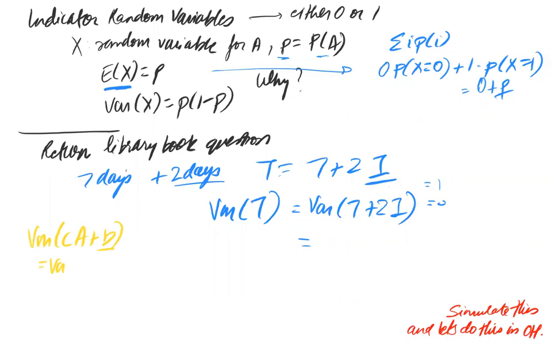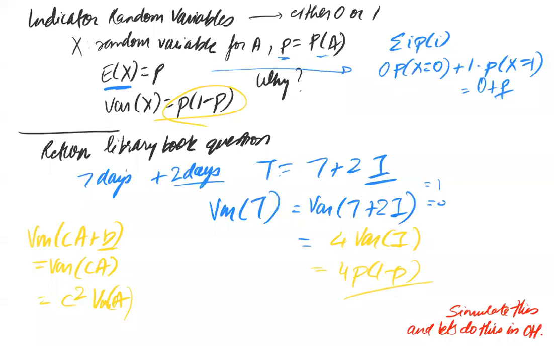It will be equal to variance of CA, which would also be equal to C squared times the variance of A. Okay, so this becomes 4 times the variance of I, and the variance of I we know is P times 1 minus P for indicator variables. So that is 4 times P times 1 minus P. Okay, and we know that P is 0.5, so that becomes 4 times a half, that is equal to 1.